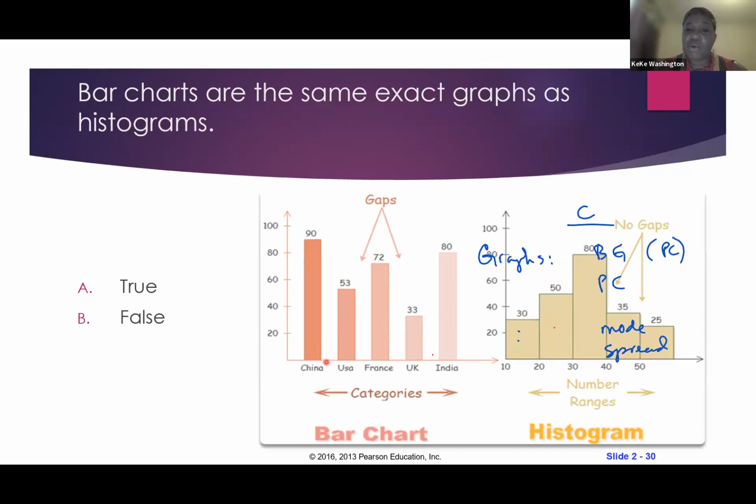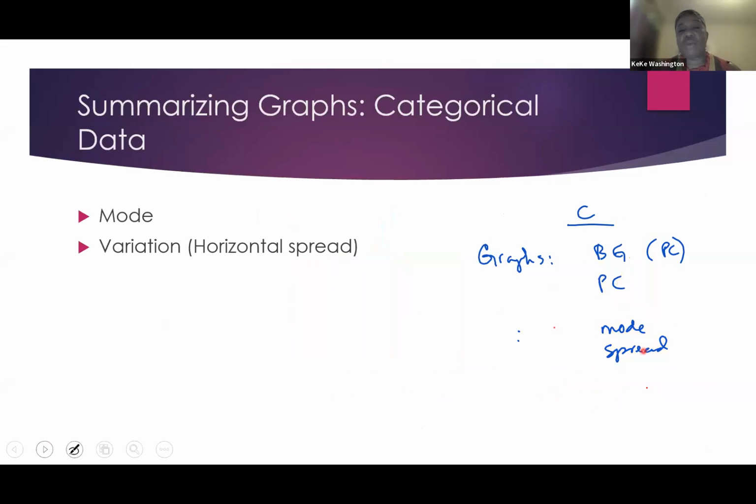If I make this a Pareto chart, my largest is China, then my next largest is India, and then France, and so forth. If I can change these categories, and depending upon who's graphing it, we can all have different graphs, then we can't use SOCS, because that means we would need a shape, and we won't all have the same shape. So all you want to discuss is mode and spread.